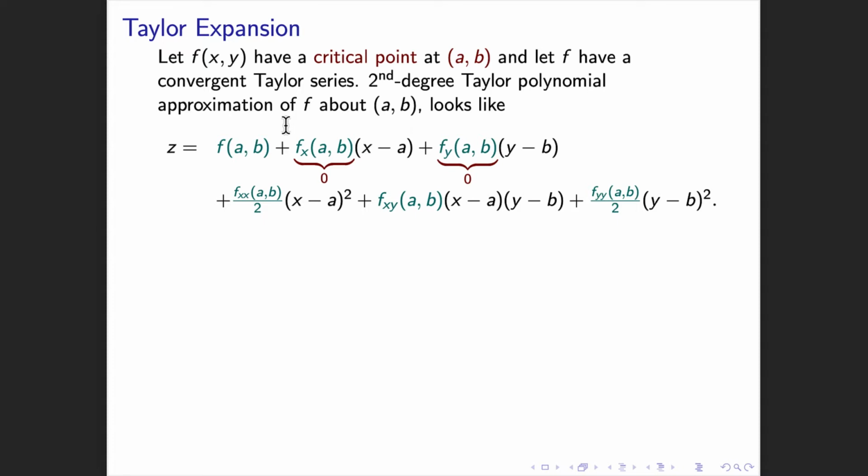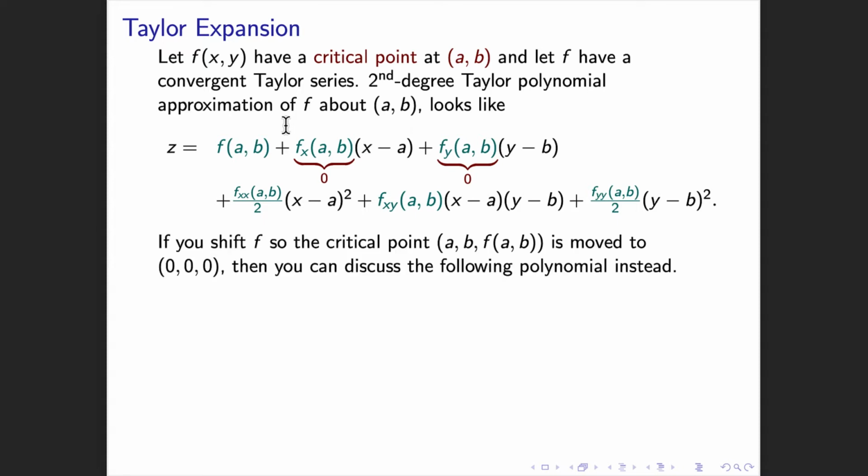Still, this Taylor polynomial approximation is very busy. So one way for mathematicians to make this less busy, to focus on what is happening truly with the polynomial, is to move the polynomial so the critical point moves to the origin.